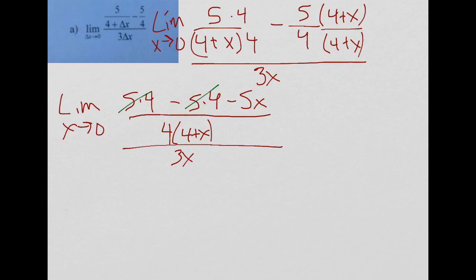And so it's the limit as x approaches 0 equals. I've got a negative 5x in the top, and it's over 4 times 4 plus x.